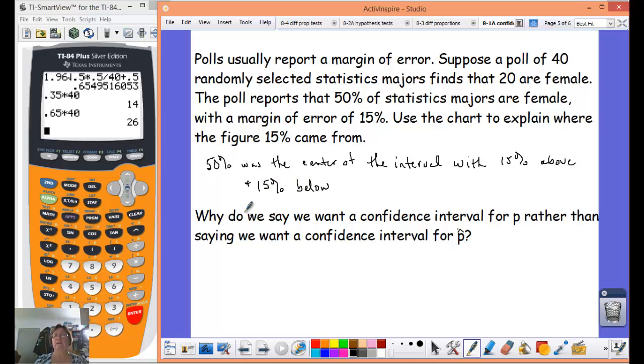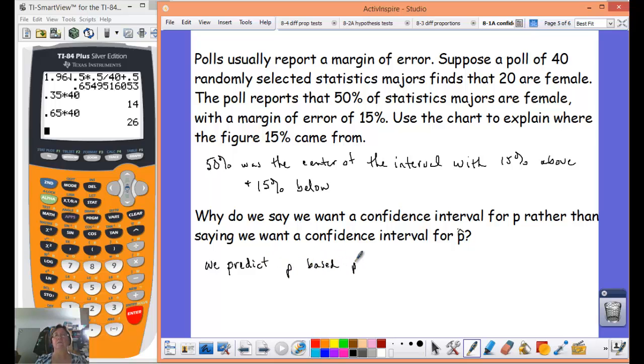Why do we say we want a confidence interval for P, the population proportion, rather than saying we want a confidence interval for P hat? Well, P hat, folks, comes from a sample. If we've got a sample, then we know what P hat is. What we're trying to do, we want to predict the population parameter. So we predict P based on P hat.